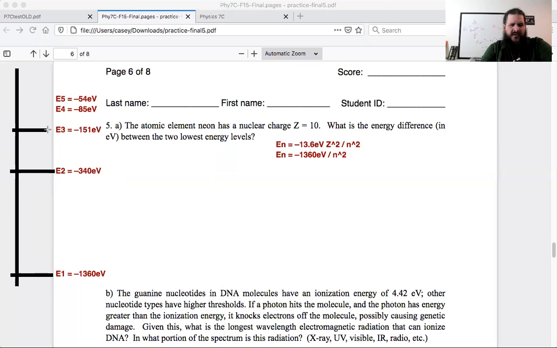These horizontal bars just represent the various possible energy levels. And then they're getting closer and closer together. We presumably are going to have an E6, an E7, all getting closer and closer together. And then up at the top, the highest possible would be 0. So somewhere up top, we've got a 0.